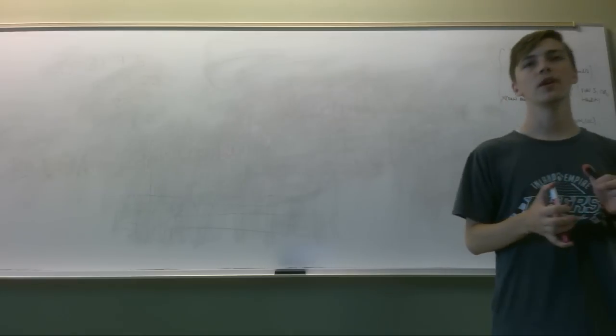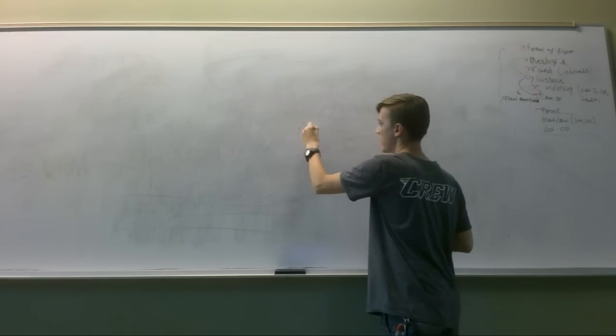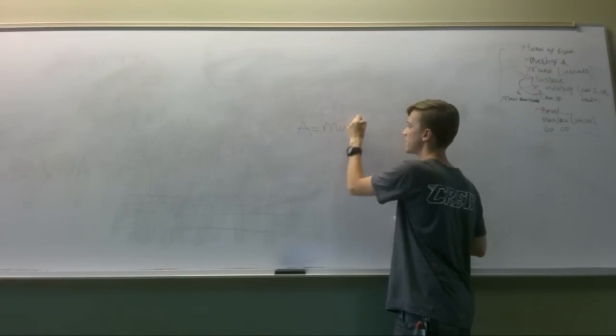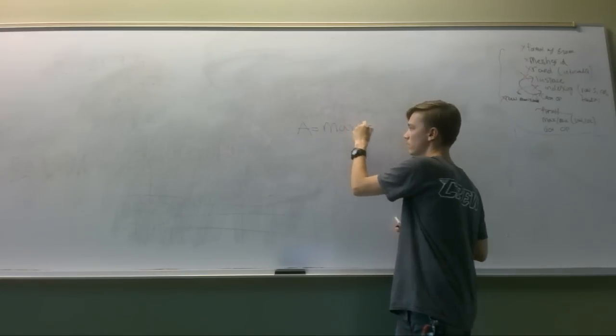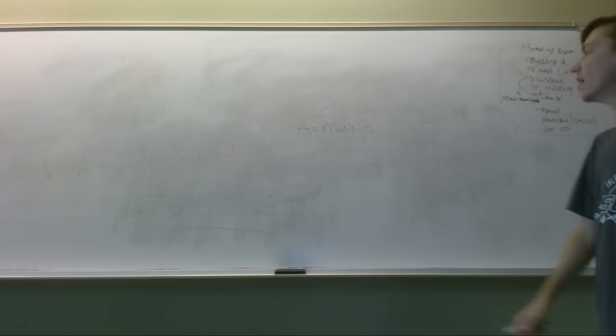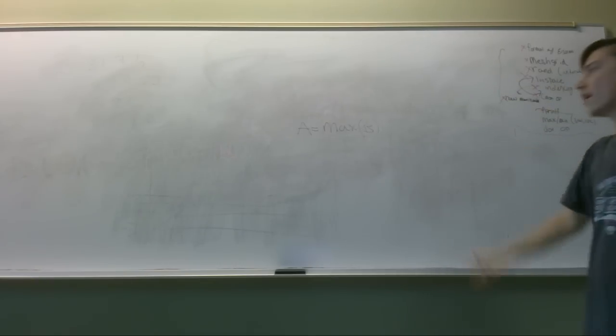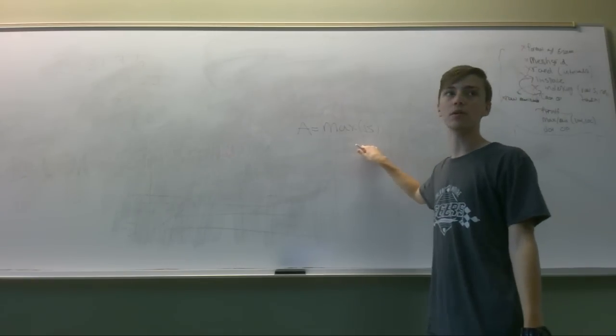So you can always say A equals max of, let's say we have some matrix called B. I don't know what size it is, it's irrelevant for this purpose. So this will just give you the maximum values of B, per column.